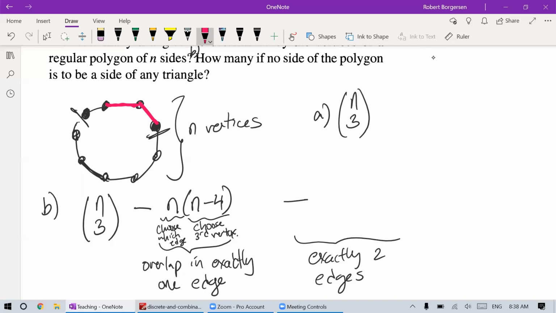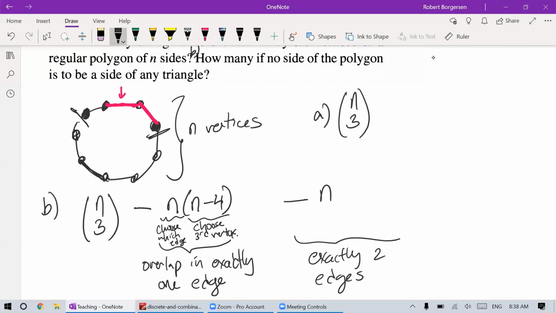You choose the edge to the left, and then take the edge to the right of it. So choose the edge to the left first, and always take the one to the right of it. How many ways can you do that? Well, every edge. Once you pick every edge, you get the one to the right of it, and those are all different. So there's n different ways to choose that. So we first choose the 2 edges. There's n ways to do that.